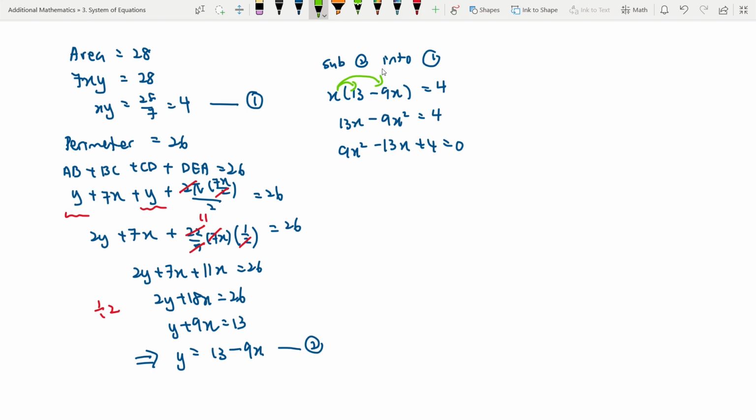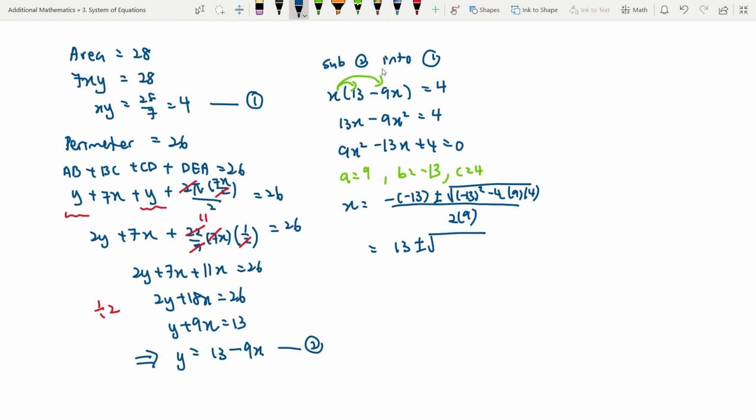For this question, I choose to use the formula. Our a is 9, b is negative 13, and c is 4. x is equal to negative b plus minus square root of b squared minus 4ac, over 2a. We simplify the equation. 13 plus minus square root of 25 over 18.